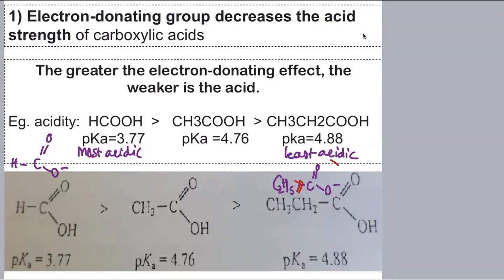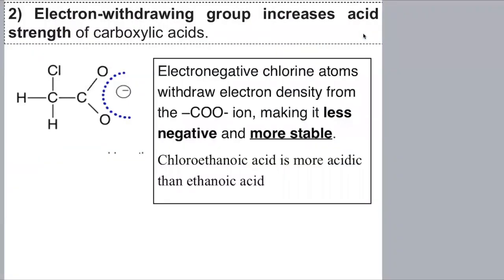Okay, so less stable, less likely to be formed, less ionization, therefore less acidic. Okay. Nothing much to talk about here, so I will just move on. I hope you can understand that.